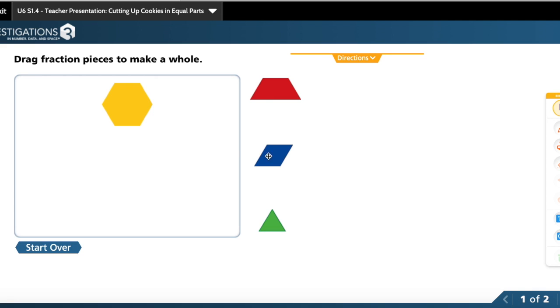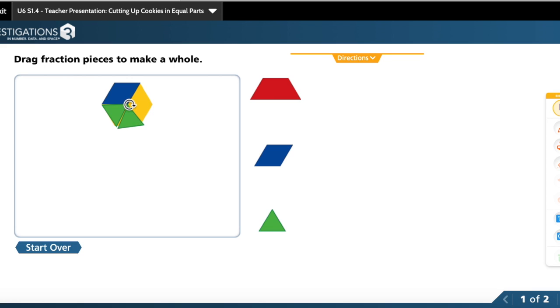So let's see if I can figure out a different way that I can make an equivalent fraction, or something that is 2 fractions that are equal to each other. So this, if we remember, my trapezoid is 1/3 of my hexagon. Let's see if I can use my triangles to equal the same amount that the rhombus has. Let's see if it takes up the same amount of space.